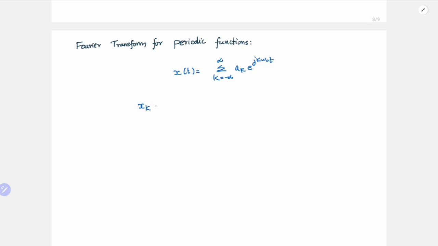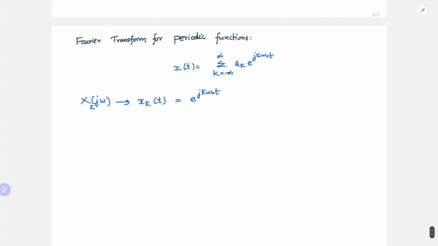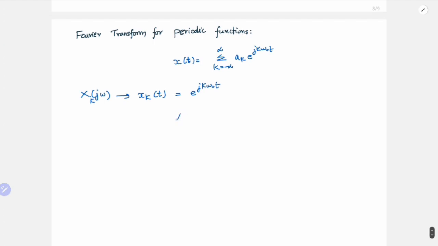So if I am able to find the Fourier transform of x_k(t), such that x_k(t) is e^(jkω₀t), so X_k(jω) gives this. Then, like the Fourier series, the Fourier transform is also linear. So my X(jω) will be given by the summation k equal to minus infinity to infinity a_k X_k(jω).